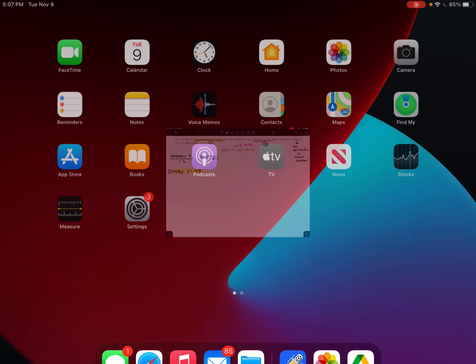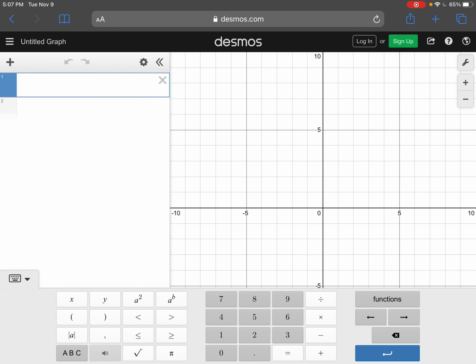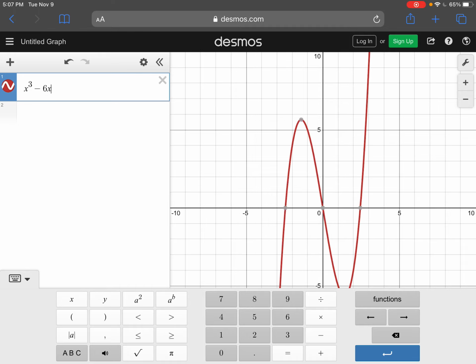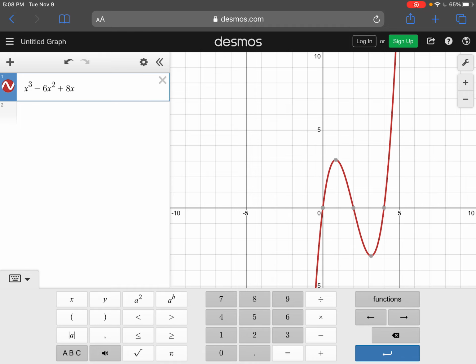So I'm going to go to desmos.com/calculator and type in our equation. So I have x raised to the 3rd power minus 6x squared plus 8x plus 3.